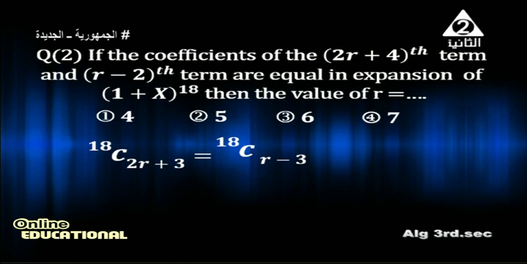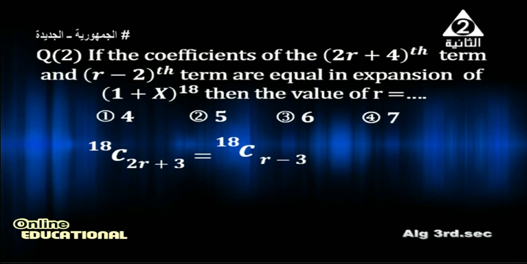When he says the term 2r plus 4, it becomes 18C(2r plus 4 minus 1), which is 2r plus 3. By the same way, the term r minus 2 becomes 18C(r minus 2 minus 1), which is r minus 3. This equation is easy to solve.